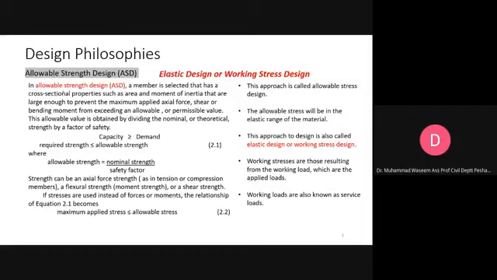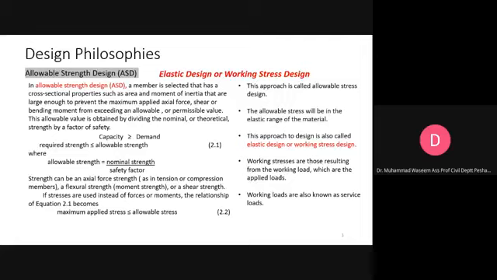In ASD, the cross-sectional dimensions of the members are selected so large that the effects of the loads, or the stresses produced in any member, remain within the permissible limit.